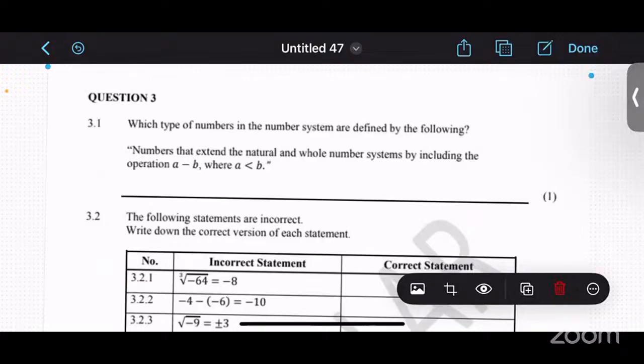So the numbers that extend the natural number or whole number system by including the operation a minus b, where a is less than b. What does this mean?